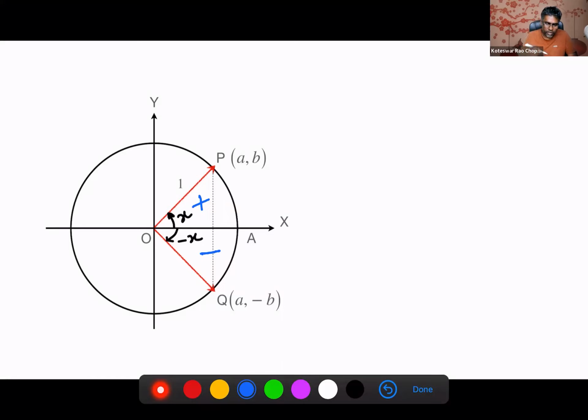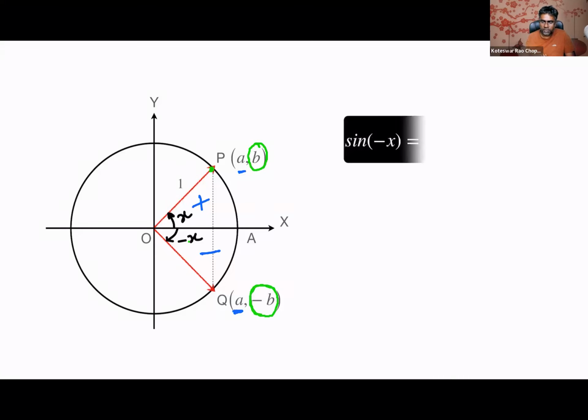Look at this closely. The x coordinate doesn't change. The x coordinate is still a, but there is a change in the y coordinate when you go from x to minus x. So this point P, the y coordinate here is B, but when you go in the clockwise direction, the angle covered is minus x, and the y coordinate becomes minus B. So from B, it will become minus B. So in that case, what can we say?